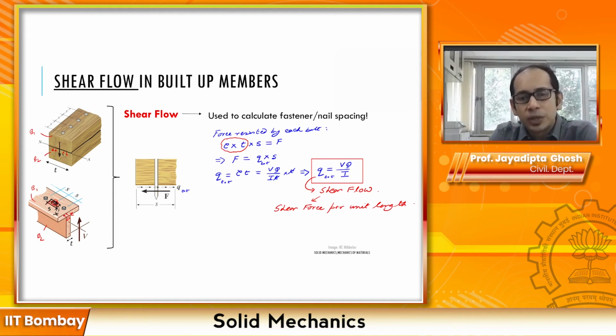Now we know how to calculate the force coming in each bolt. We calculate q as VQ divided by I times S. We will come to the discussion on how to calculate Q in these cases. To calculate the spacing, S is nothing but F divided by q total in this particular case.